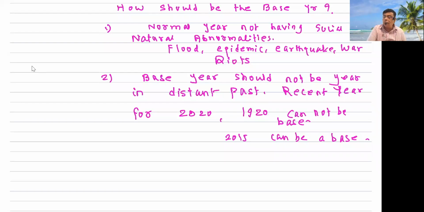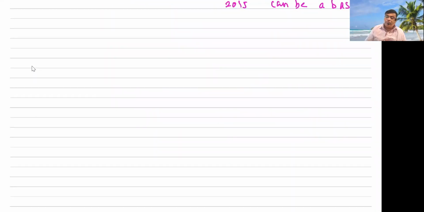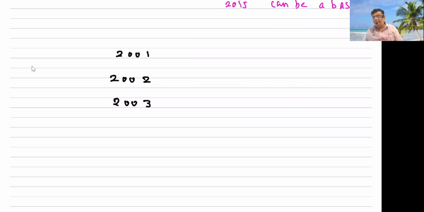अभी तुम जरा मेरे तरफ देखो. Imagine that I have the series of years 2001, 2002, 2003. Suppose if I had these years.